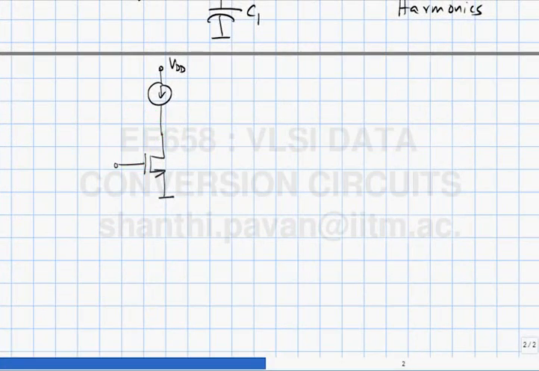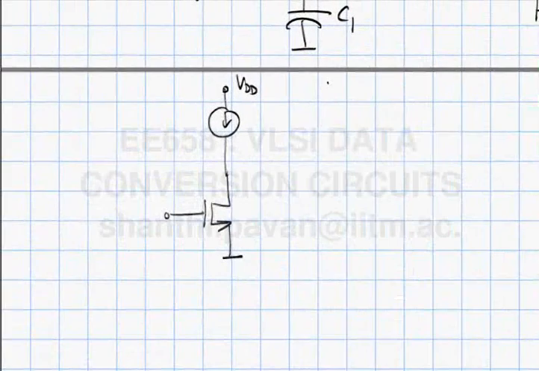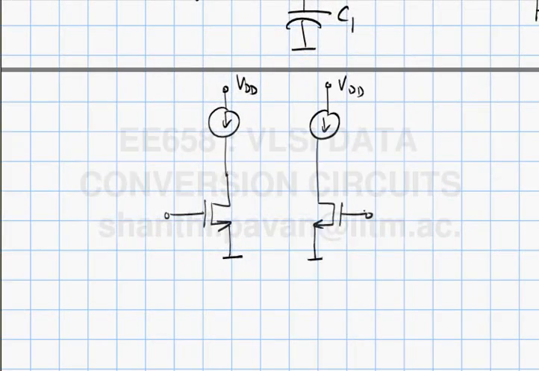Now if you wanted to make a differential amplifier, where I'm not interested in multiplying the incremental input voltage by some value, but the incremental difference between two voltages by a large gain, what would I do? One straightforward way is to simply do this.